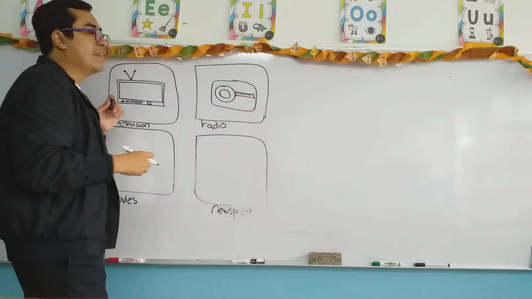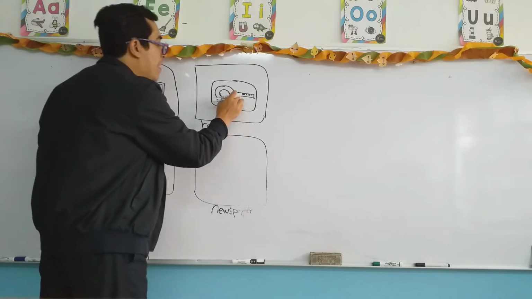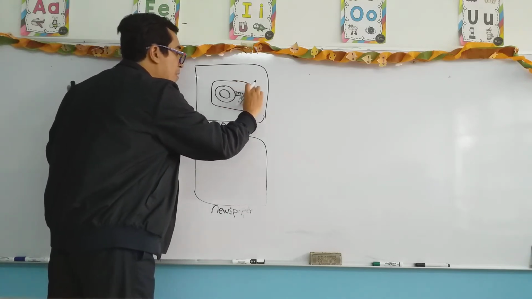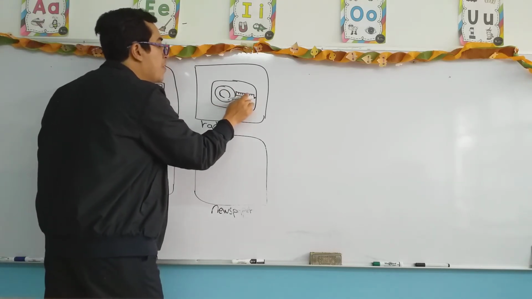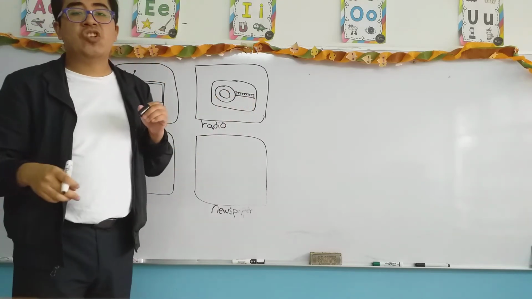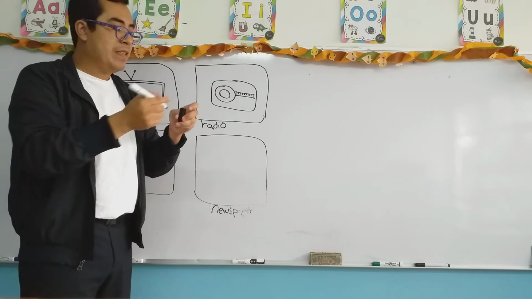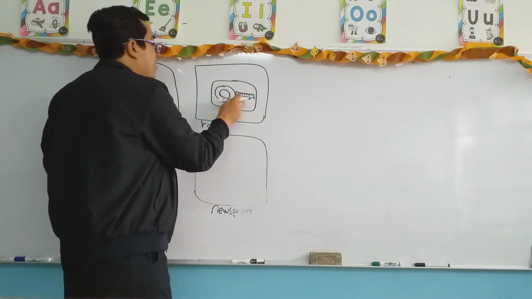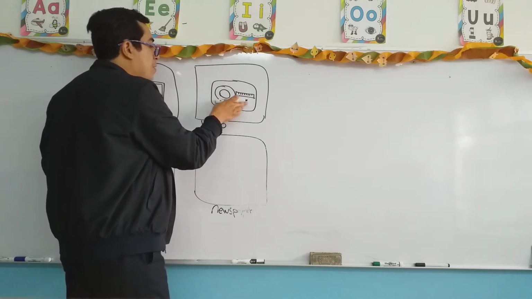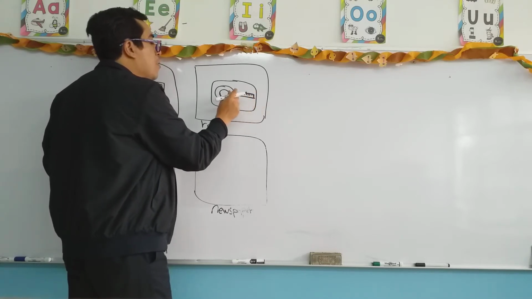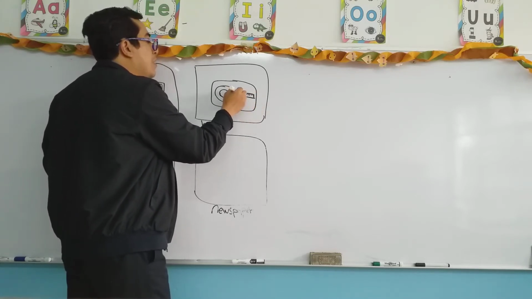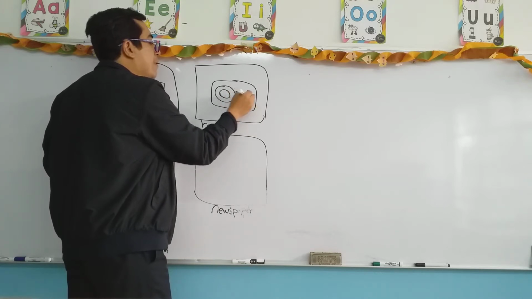Inside the radio, we have a very small rectangle in form of a ruler that synchronizes the stations that we want to listen. Dentro de el rectángulo, dentro de la radio, tenemos un pequeño objeto en forma de regla donde tenemos las estaciones que nosotros queremos escuchar.